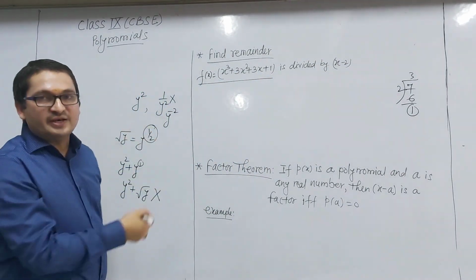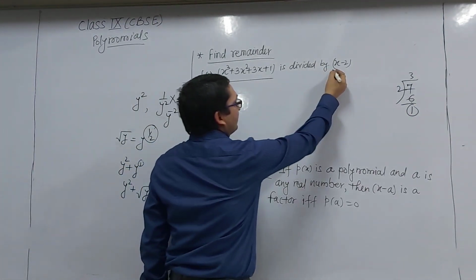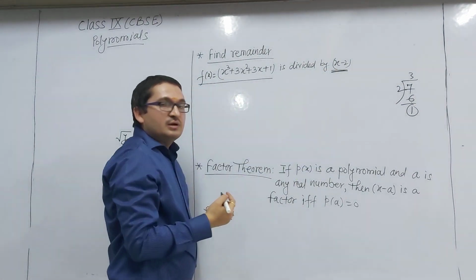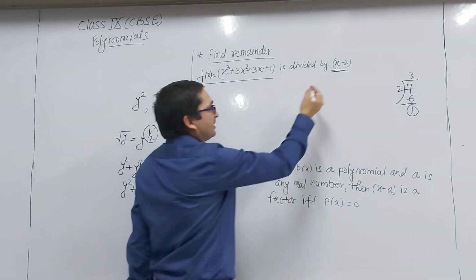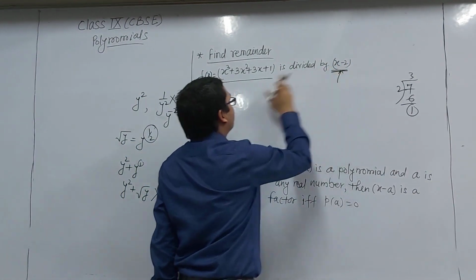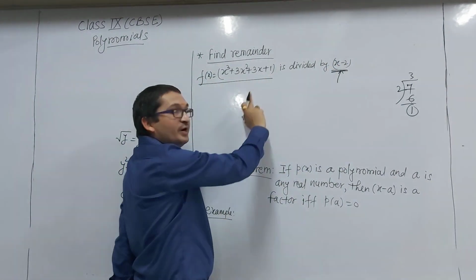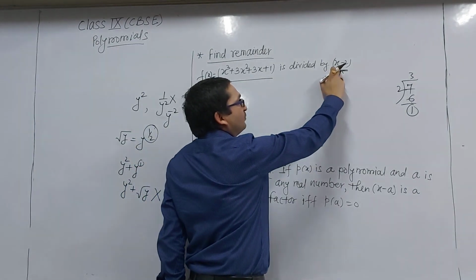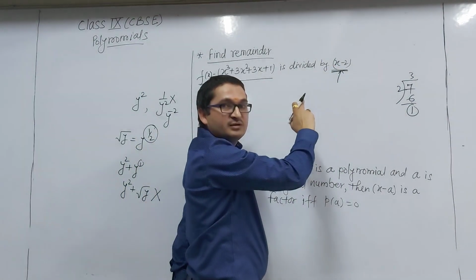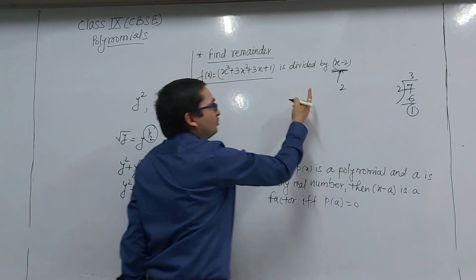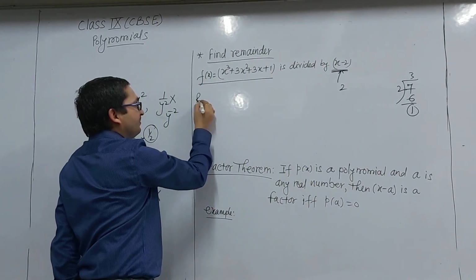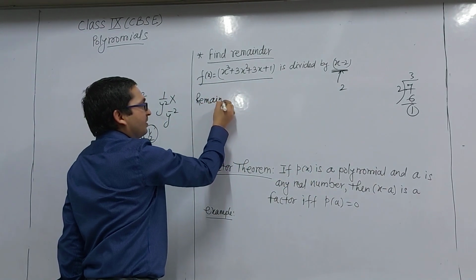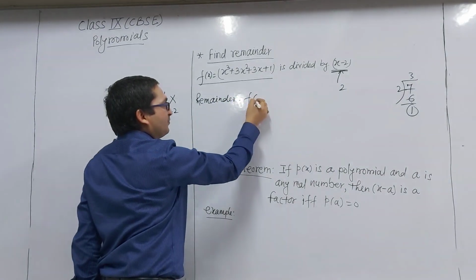If you want to find the remainder and you are dividing this function by x minus 2, I have told you earlier also about the zeros of the divisor. This is the divisor, this is the dividend. So if you want to find the remainder, first you need to find the zero of the divisor. What is the zero of the divisor? 2. So the remainder will be equal to f(2).